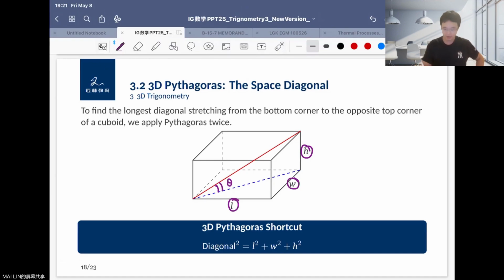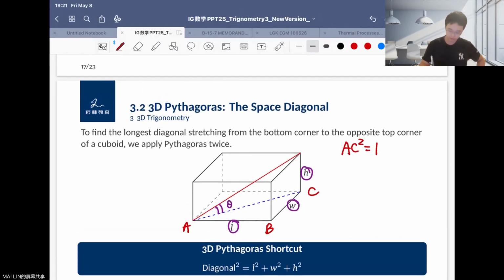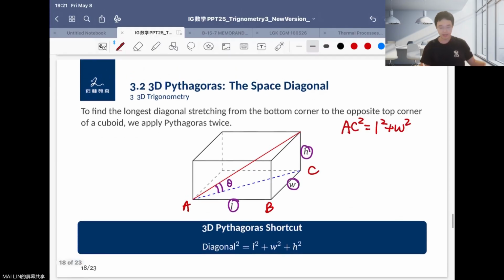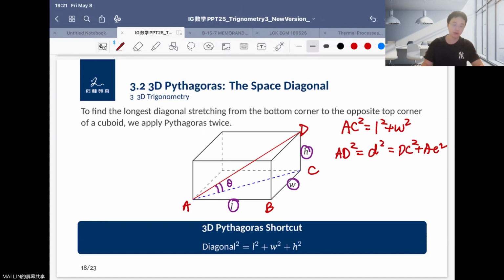Why is that? Because the triangle ABC is a right triangle, so AC squared equals L squared plus W squared. And with D, AD squared, the diagonal squared, equals DC squared plus AC squared, which equals L squared plus W squared plus H squared. So the diagonal squared can be written this way.